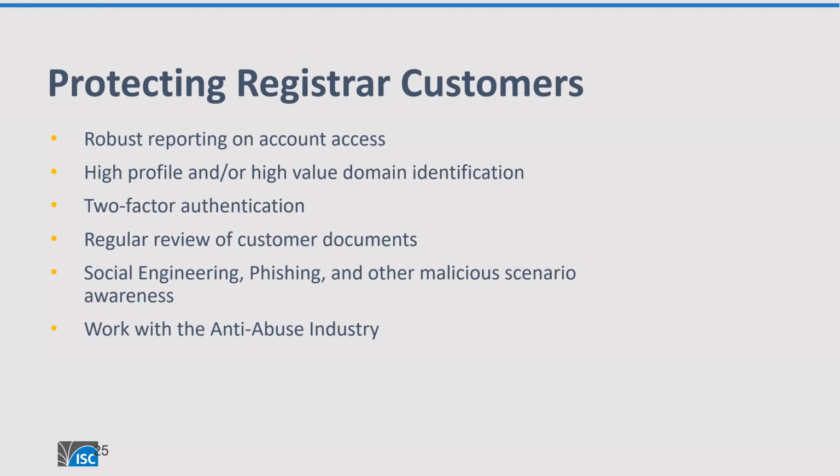So very first thing, robust reporting. So it's looking at things like how accounts are being accessed, what IPs are doing. A big thing when I was working at Rackspace in the anti-abuse space was something we called the Santa Claus rule.